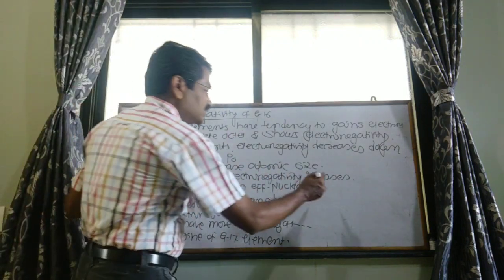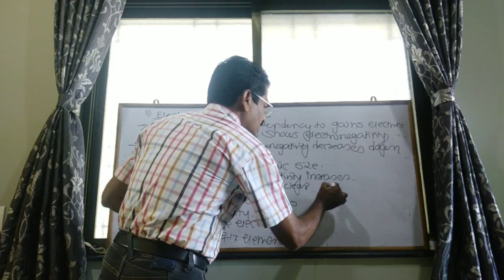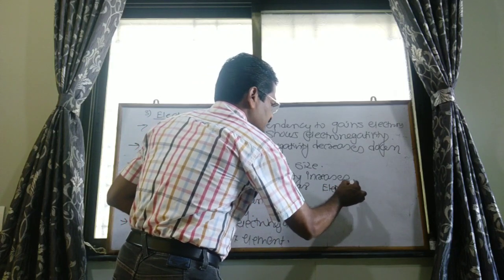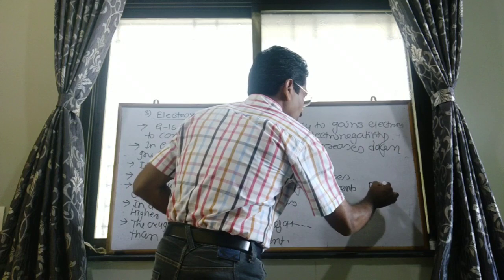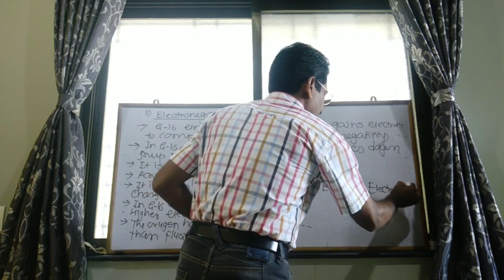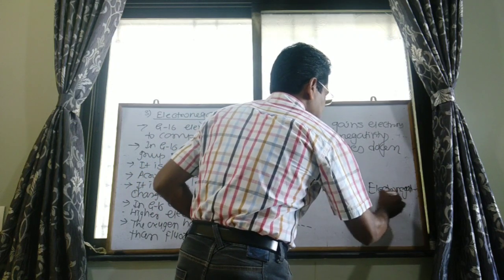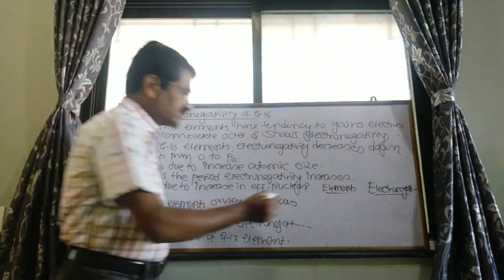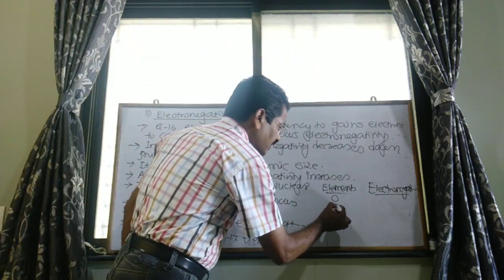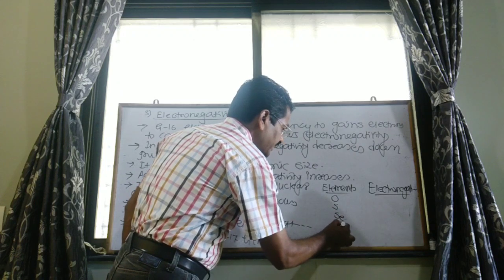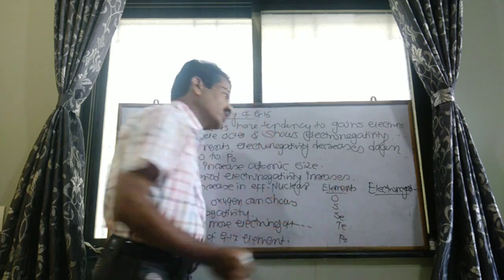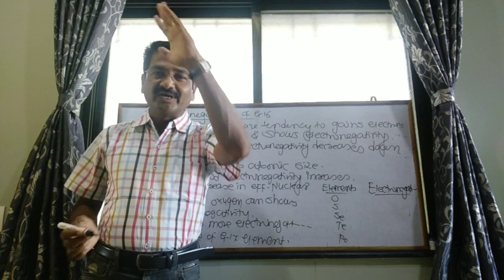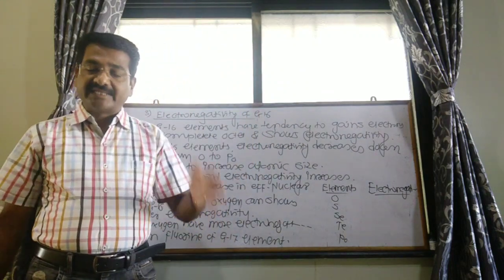Then see the chart. These are the elements and electronegativity of G16 elements. In G16 elements, first is oxygen, then sulfur, selenium, tellurium and polonium. All these 5 elements are included in G16 elements.